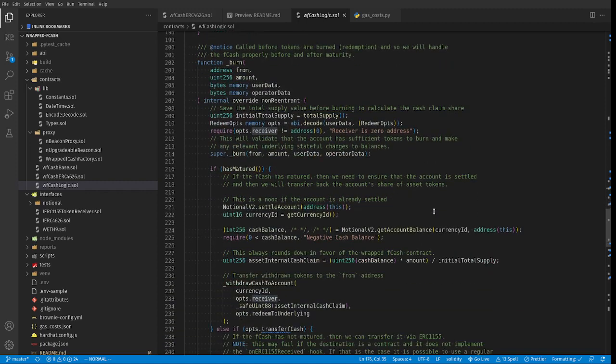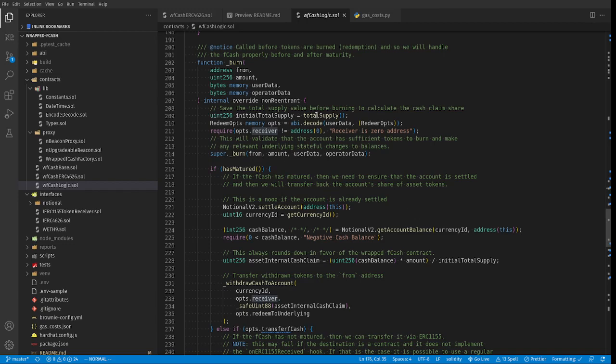So looking at the burn implementation here, this is going to override the base level internal burn method on the ERC20 contract.